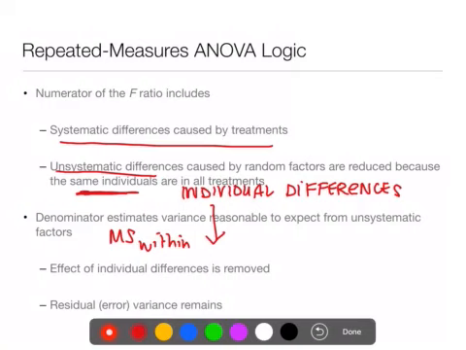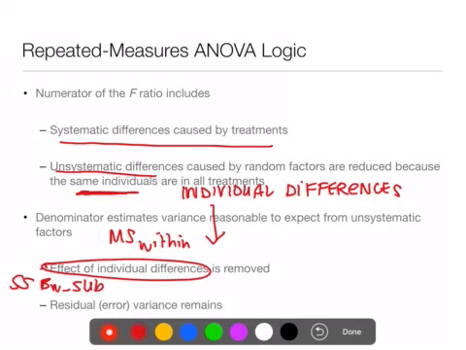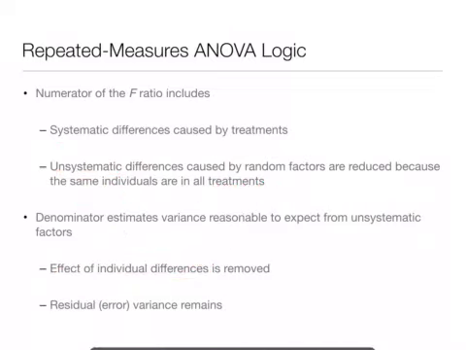So we have to quantify this effect of individual differences, and we'll do that by calculating sums of squared between subjects. And then we have to subtract it from the sums of squared within to equal our sums of squared error, which is this error or this residual term that we're talking about here.